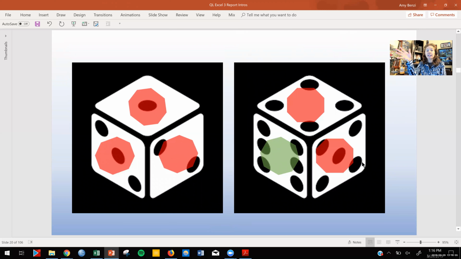All right, let's look at something different here. So here you see the difference between this and the last pictures we were looking at. This one has some numbers painted red. Well, now I'm going to talk to you about odds. Instead of probability, we're going to talk about odds. What are the odds of rolling a 6?